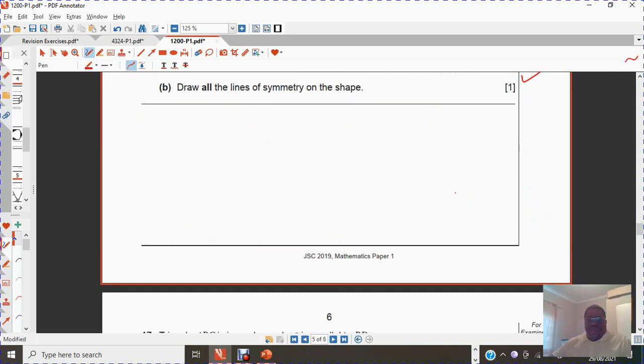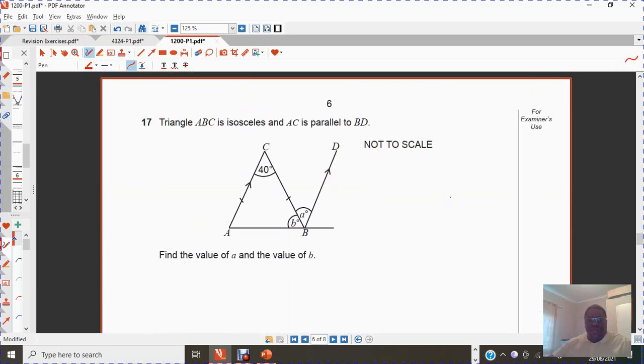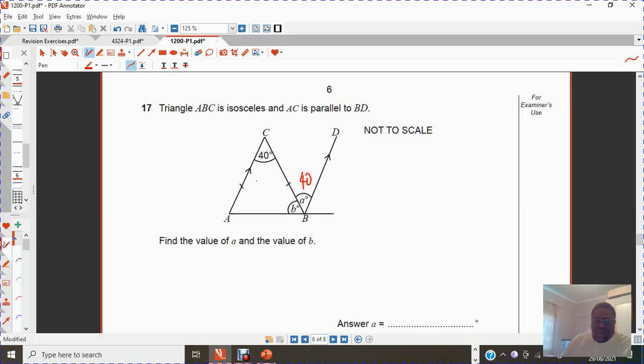Good. Question 17. They are asking you to find the values of A and B. Now, this is alternate angle here. So A is 40 degrees, because you can see that's Z. All right. So if A is 40 degrees, then in order for you to find B, you have to look at these particular points here.